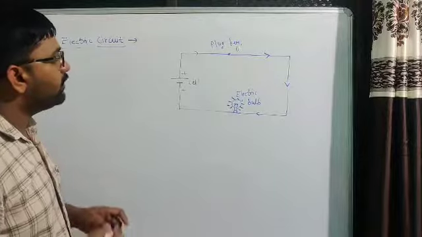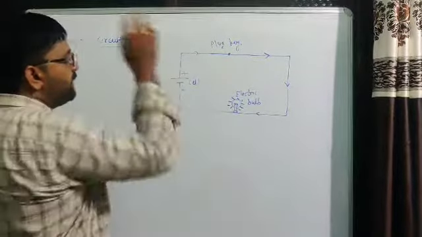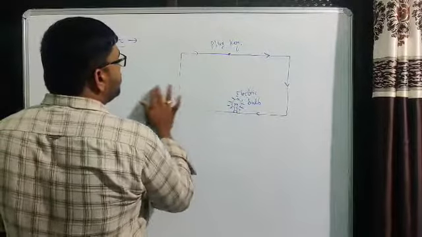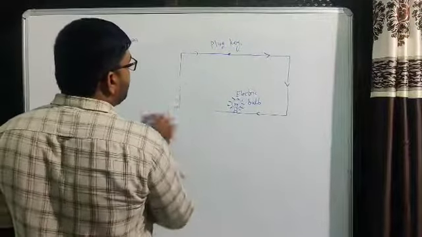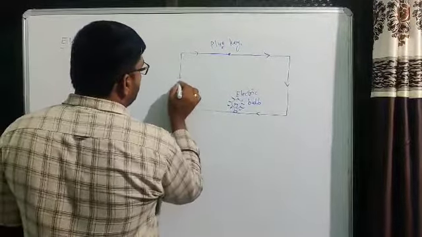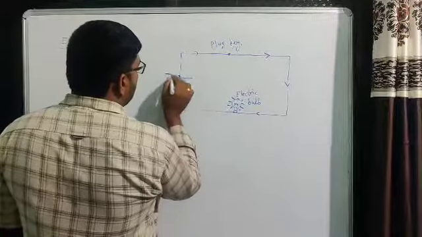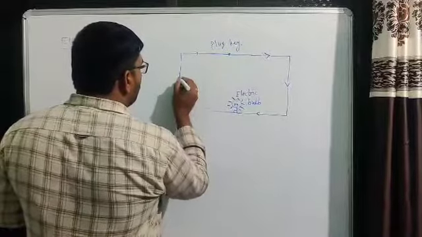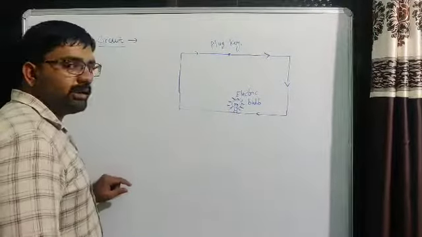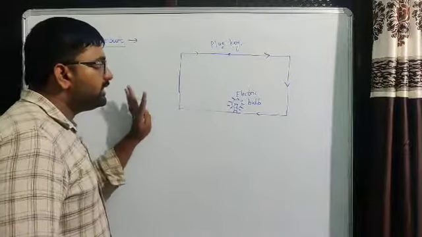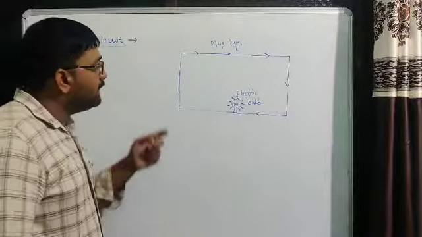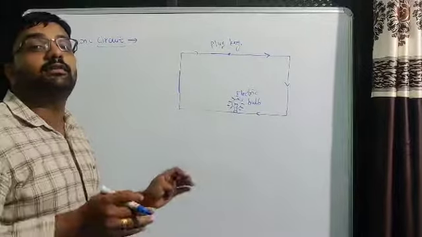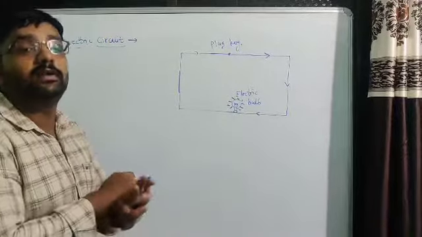Now, if you remove this battery, or this cell that we showed initially, then the potential difference is not there, and if the potential difference is not present, then current will not flow through the circuit.